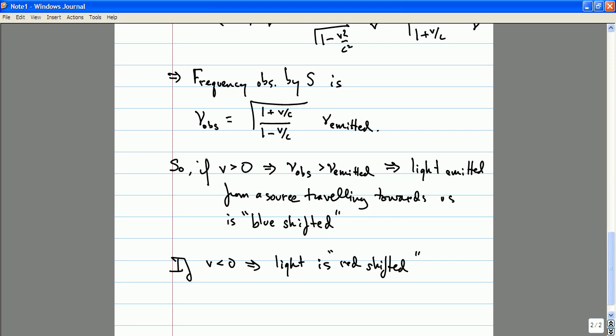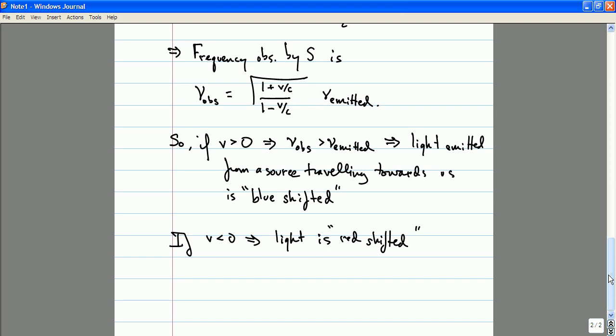There are two interesting cases of this formula that I think are worth pointing out. The first is that as v approaches c, namely if you have an object moving towards you at a velocity approaching the speed of light, then the observed frequency goes to infinity.